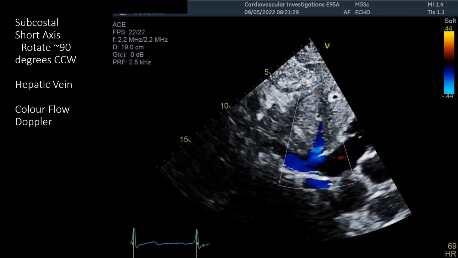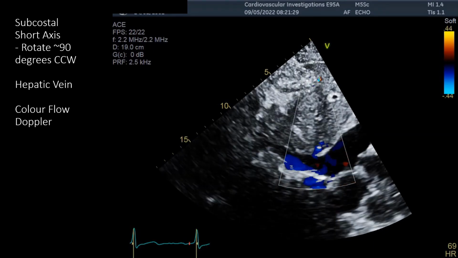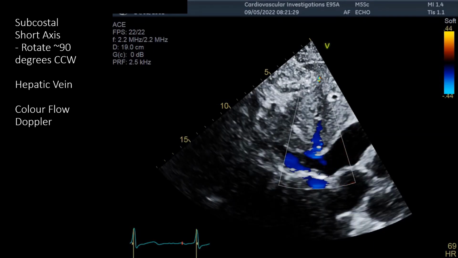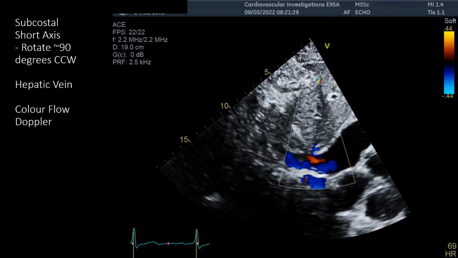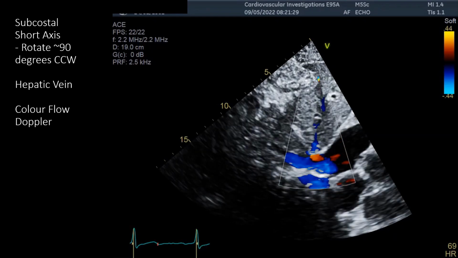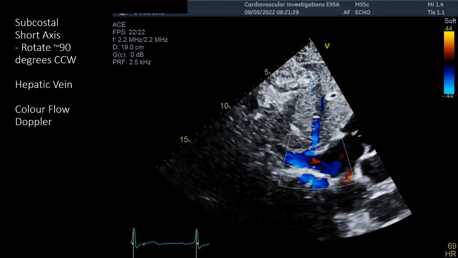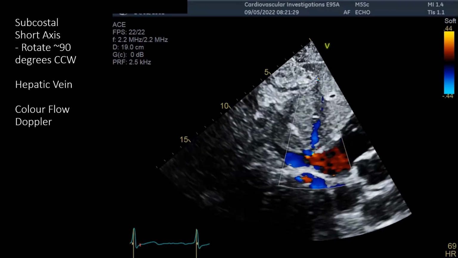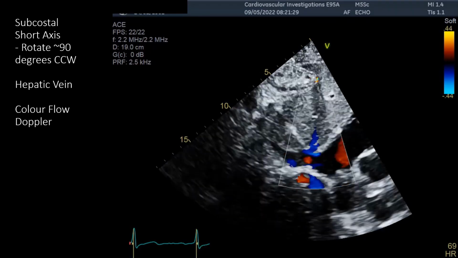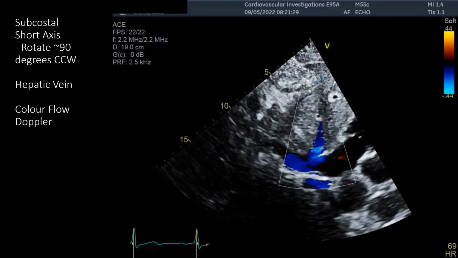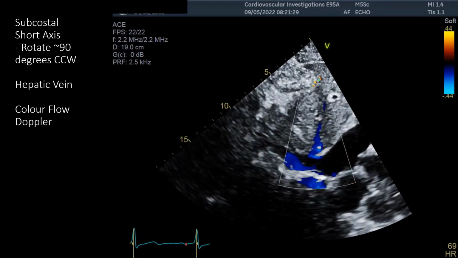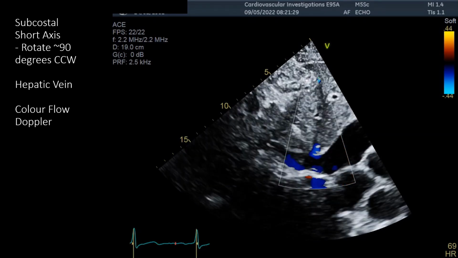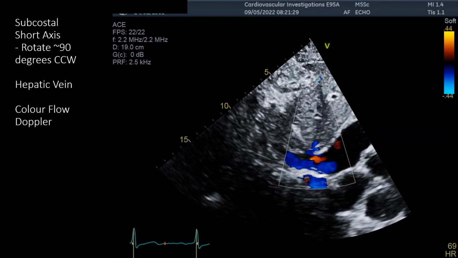And then we can use color flow Doppler to identify the hepatic vein, in which blood flow should always be moving away from the probe marker and therefore be blue. But in cases of significant, usually severe tricuspid regurgitation, there may actually be retrograde hepatic vein flow, so that there may be a flash of red blood flow up into the hepatic vein.